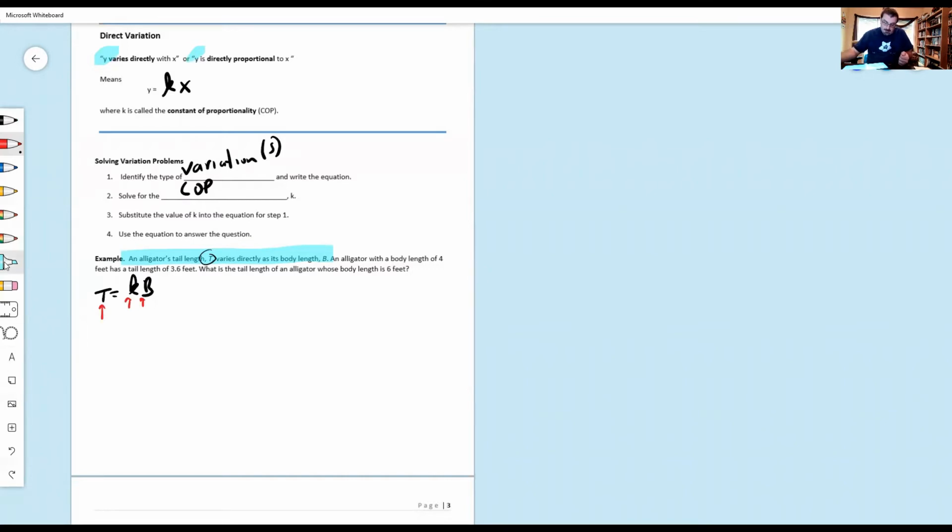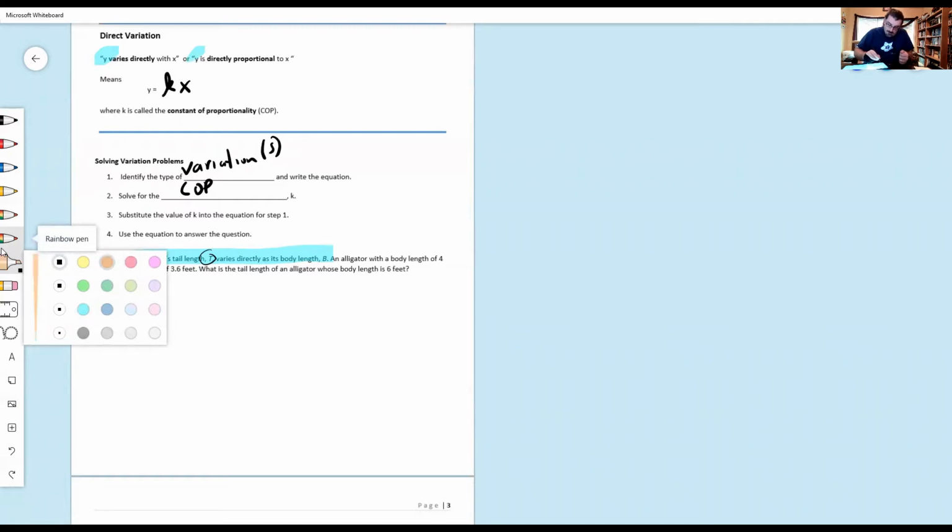Generally, that's going to be the second sentence or the first sentence. So in our case, right, an alligator with a body length of 4 has a tail length of 3.6 feet. So the second sentence right here.